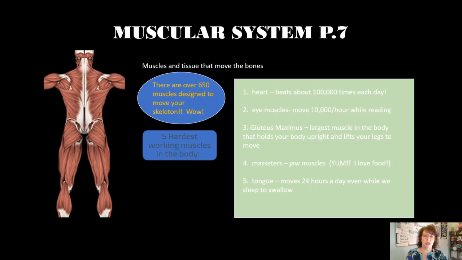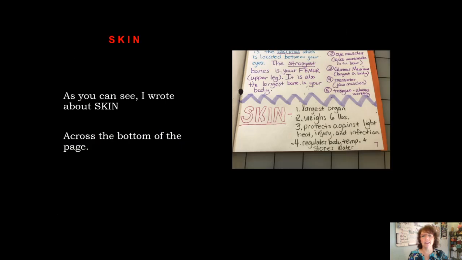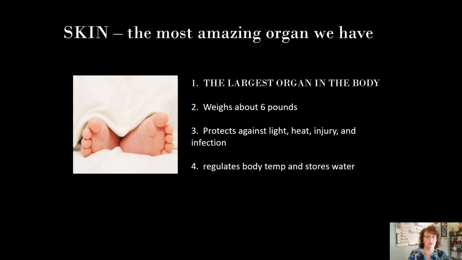I may have to go in and fix that before I email it to you. These are the top 5 hardest working muscles in your body: your heart, your eyes, your gluteus maximus, which you're sitting on right now probably, and, I'm not sure, I can't see that one. Oh, your masseter, which is your jaw, and your tongue, which works 24/7. Even when you're asleep, it's helping you swallow the saliva.